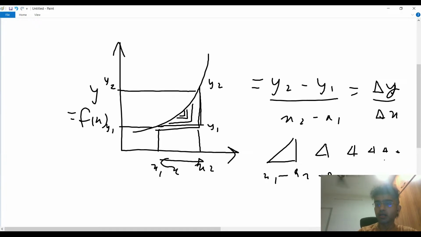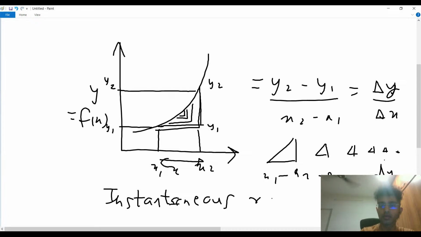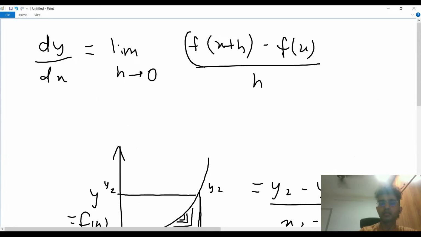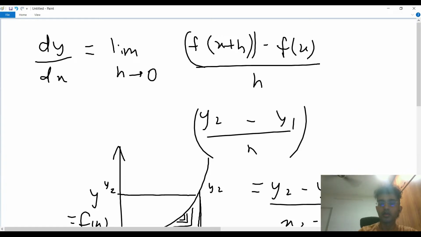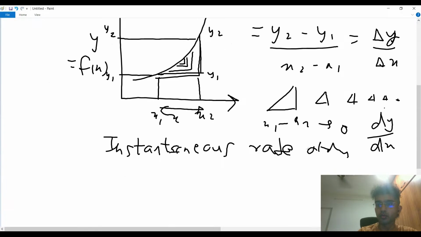So delta y by delta x becomes dy by dx, which is basically the instantaneous rate of change. That's essentially f of x plus h, which is your y2, minus f of x, which is your y1, divided by h. So your y2 and y1 are going to be close enough now. That becomes dy by dx.